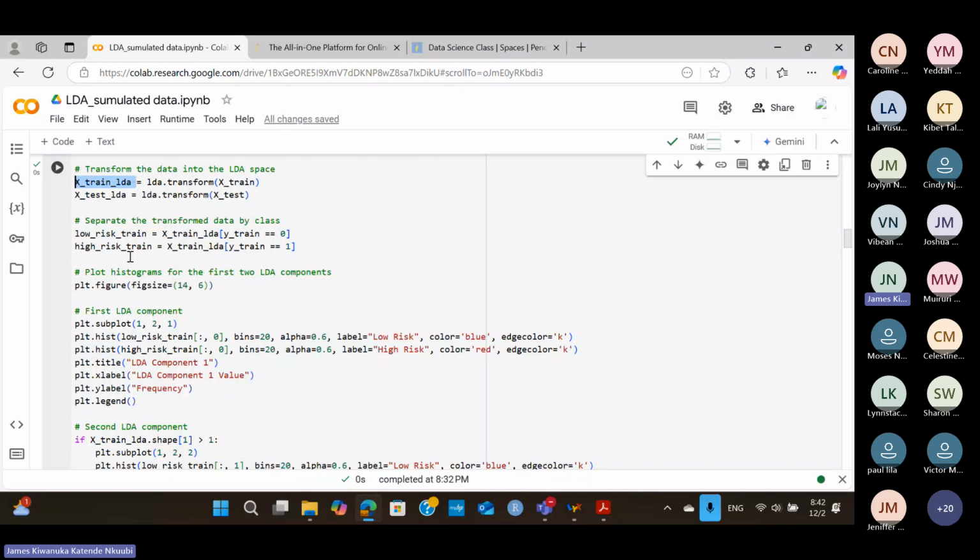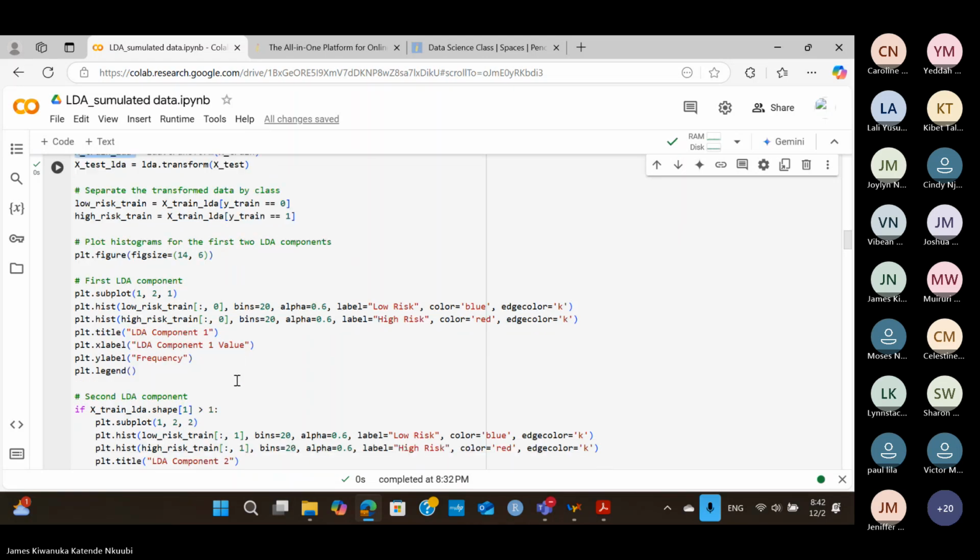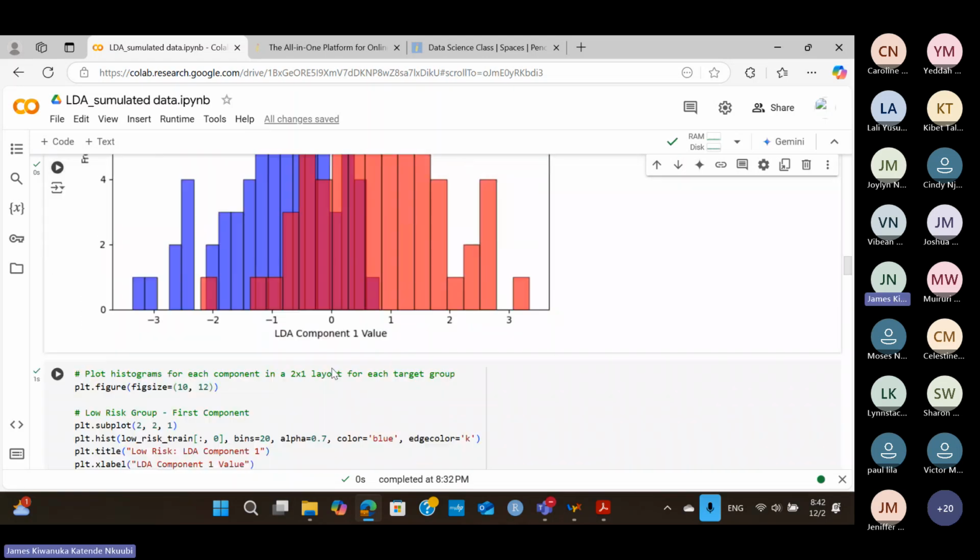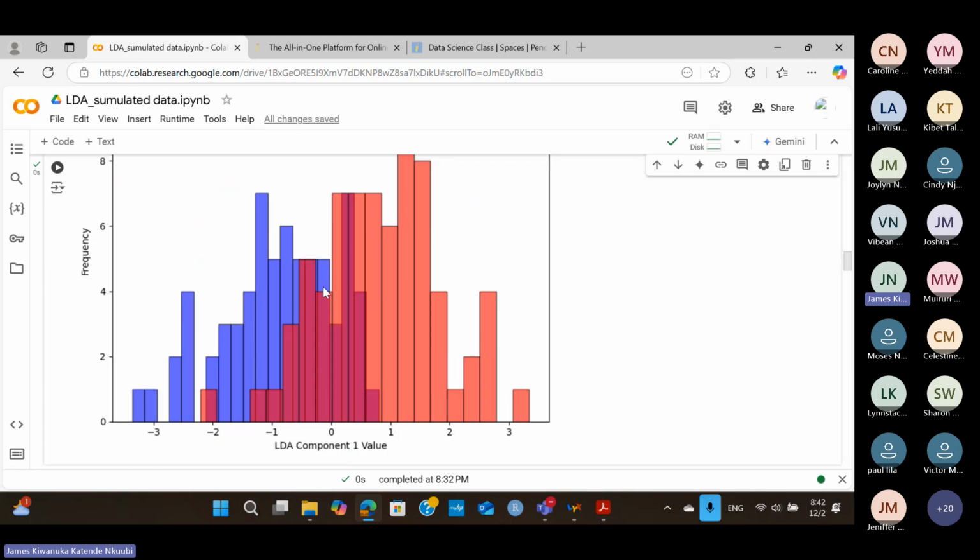Transformed means projected into the new space that maximizes the separation. Then you're able to plot it in the new transformed space and you can see the separation. But here we plot it only in the first dimension. We don't bother with the second dimension, just the first.